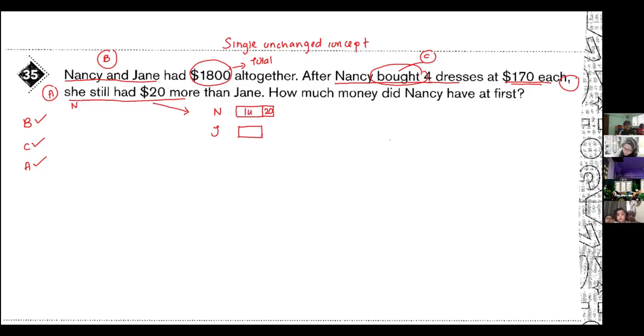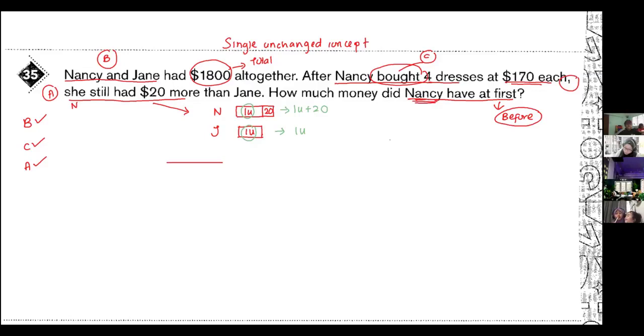So this is 1 unit and this is 1 unit. I can conclude that Nancy has 1 unit plus 20 in the end. However, Jane has 1 unit only in the end. Okay, so this is for my after. All right. Now, from the question, they say, how much money does Nancy have at first? The word at first means I want my before information for Nancy. All right. So I have all this.